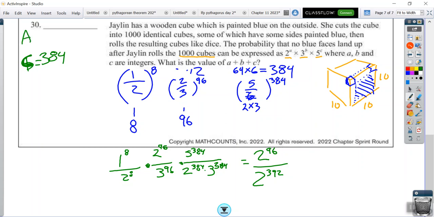So in other words, we're subtracting these. We have 96 minus 392. Yeah? All right, so that's going to get us 200 what? Negative 296? Oh wait, 90. What? 4. 6 minus 2 is 4.